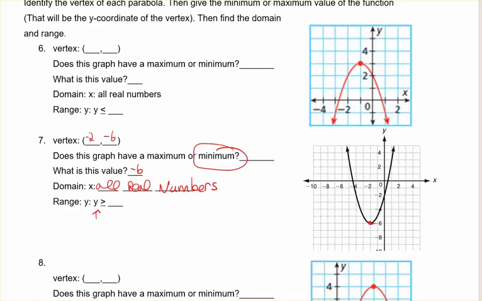It'll be y, we're looking at the y values, and I have the greater than or equal sign. Because this graph is opening upwards, my range will be all y values greater than or equal to -6. The minimum value and the range will be related.